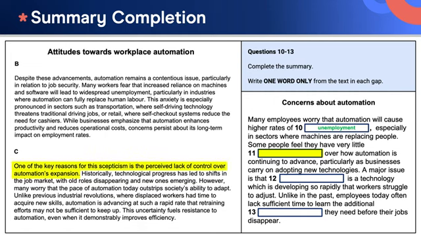The answer is in paragraph C, where it mentions the perceived lack of control over automation's expansion. "Some people feel they have very little control over how automation is developing, particularly as businesses continue to adopt new technologies." Notice how the word lack is paraphrased to very little. The meaning is the same, but the wording is different.